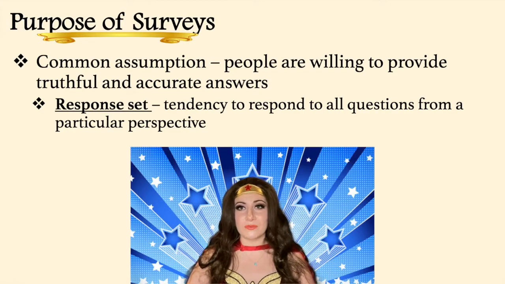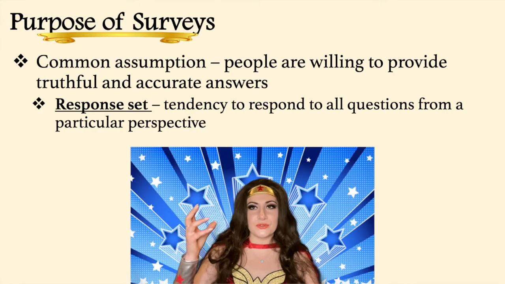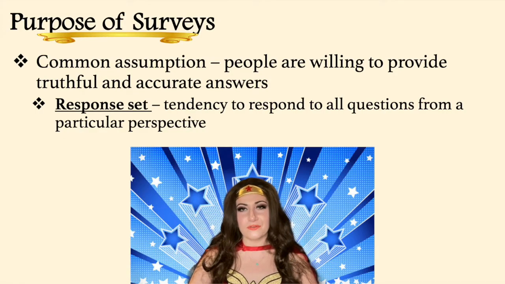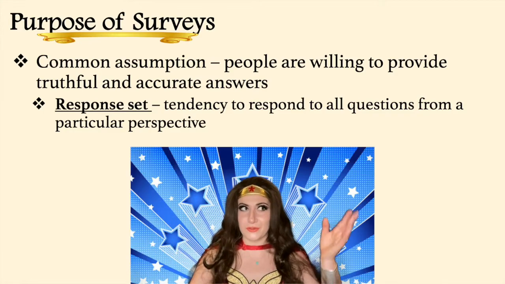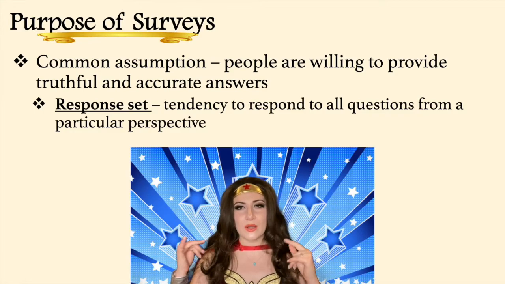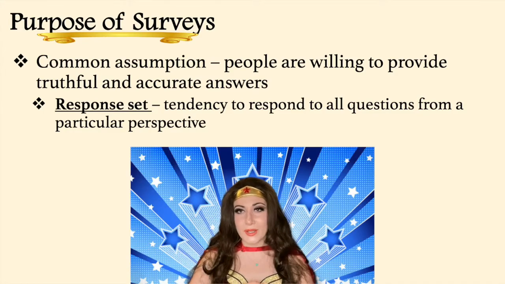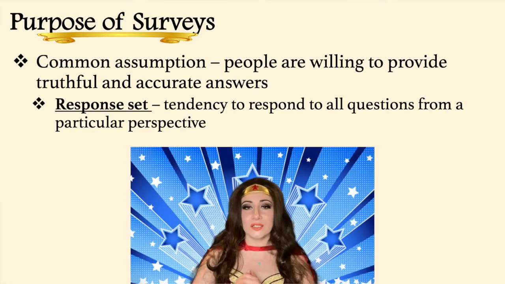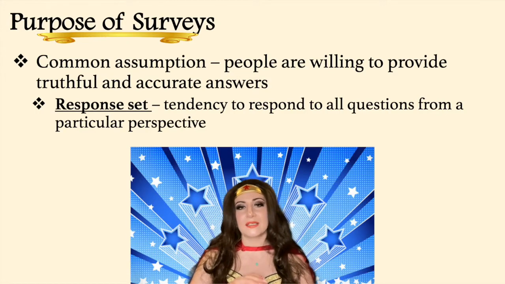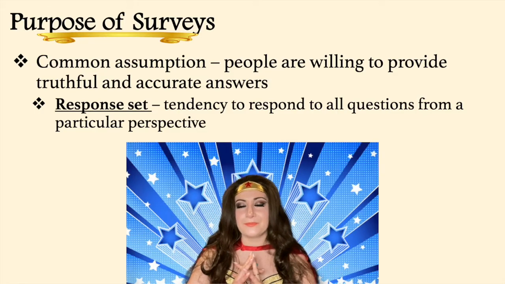The second question might be, on a scale of 1 to 5, I feel lonely. And if the participant circles the 5 again and continues to constantly answer from the yes or the no perspective, or the 1 or the 5 perspective, without really paying attention to the context of the question, that is called a response set.